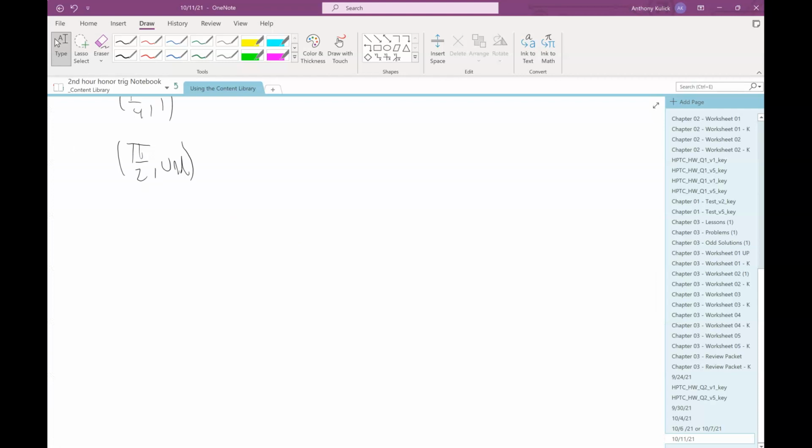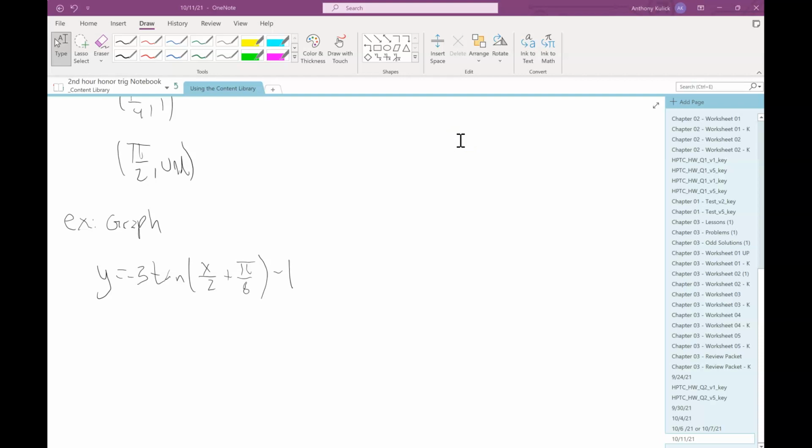Okay, so let's try to graph something. Let's say we want to graph the following: negative 3 times tangent of x over 2 plus 8, minus 1.